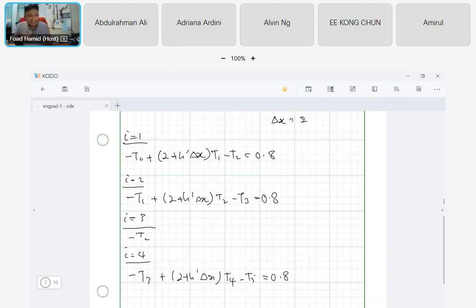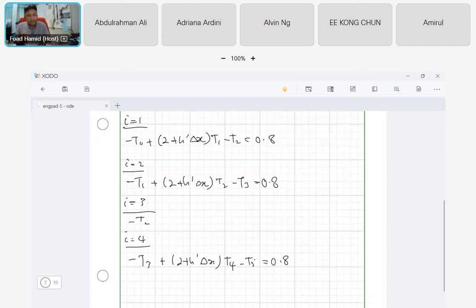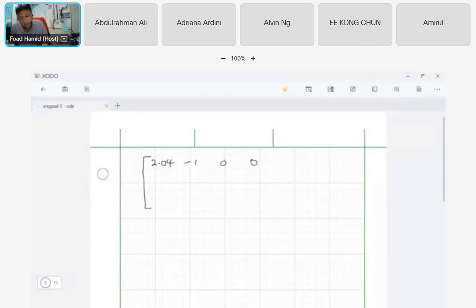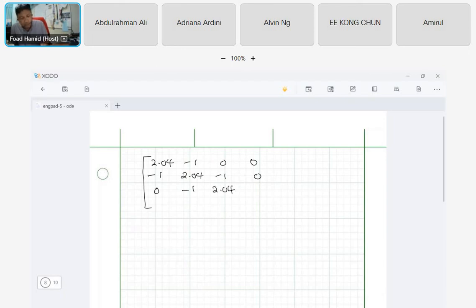Note that these are just like your simultaneous linear algebraic equations. If I substitute all the numbers, this is what I get. The matrix has 2.04 on the diagonal and minus 1 on the off-diagonals, with zeros elsewhere.